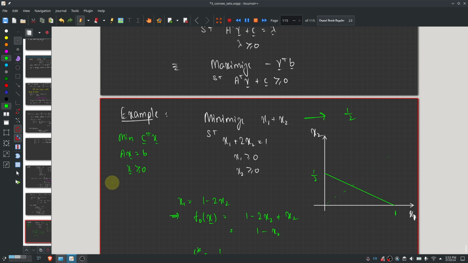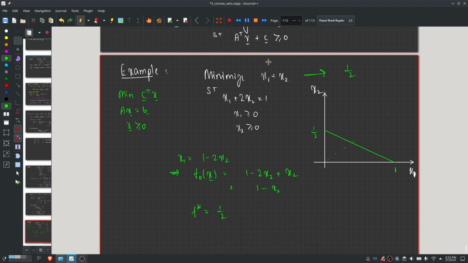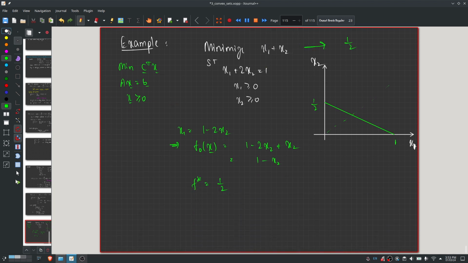So what is b equal to? It's just 1. It's a scalar, right? So nu would in fact be a single variable.